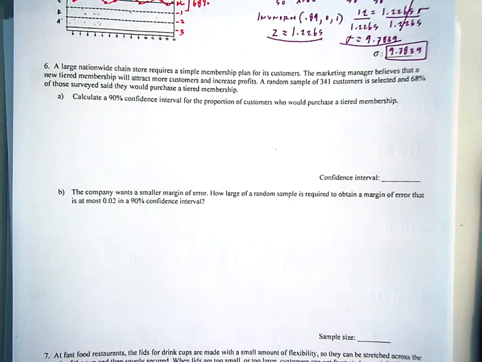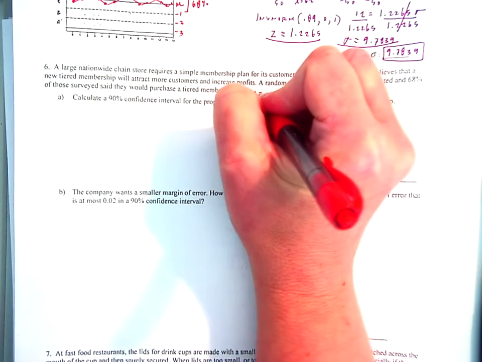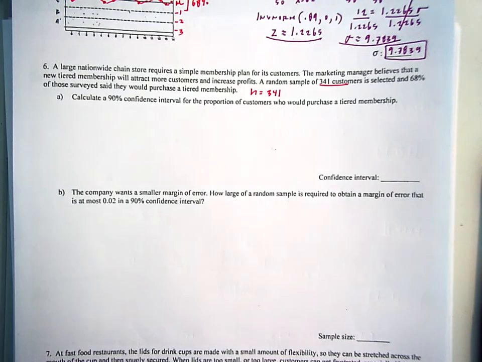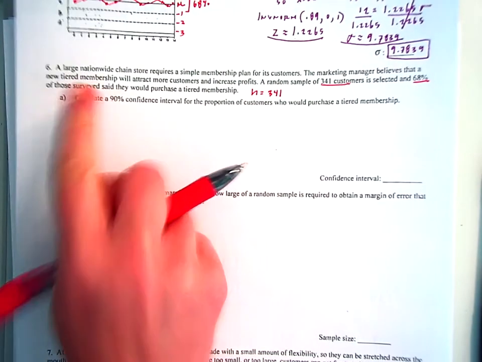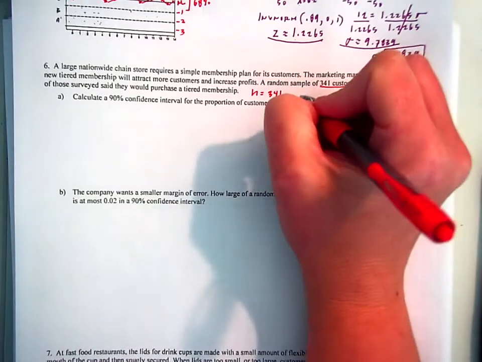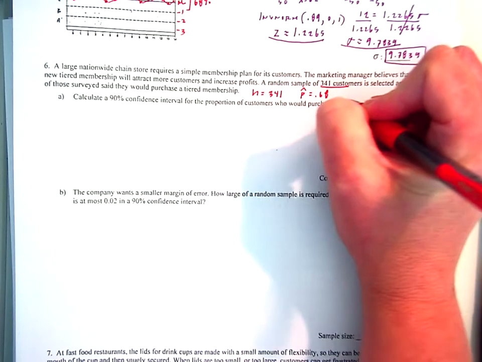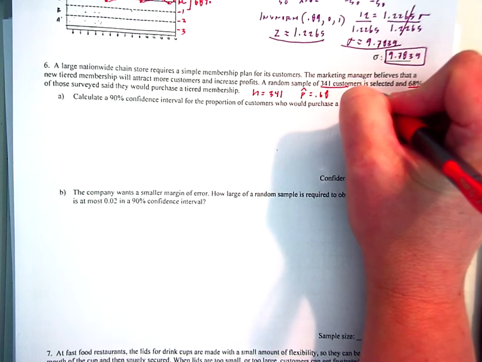Okay, so let's unpack what it's giving us. It's giving us a sample size right here. So I know that my N value is 341. Okay, this figure right here, that's 68% of those surveyed, that is a statistic. So P hat equals 0.68, and then its complement, Q hat, would be 0.32.